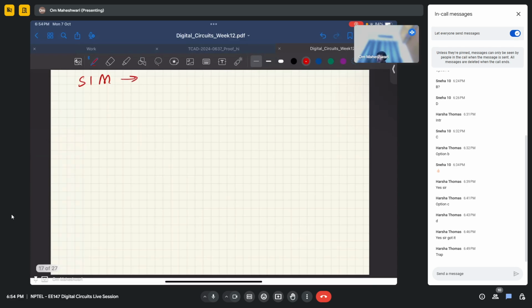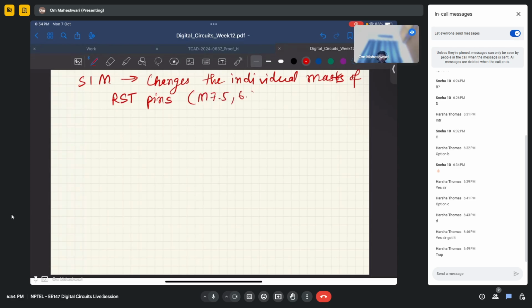What the instruction does is it changes the individual masks of RST pins, whatever we saw, right? M 7.5, 6.5, 5.5, based on the accumulator, right?